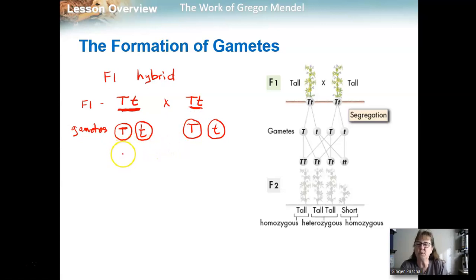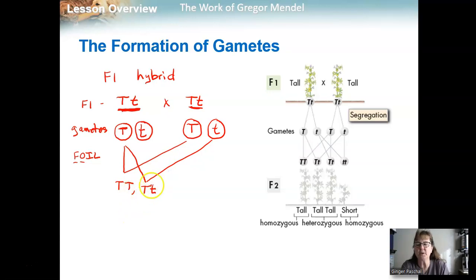Once we have the gametes, we can then combine these gametes with each other. So if we do something called FOIL, this should sound familiar, possibly from math. If we take the first of each gamete and combine them, we would have an offspring that has a genotype of capital T, capital T. If we take the O, which is outer, the outer letter in each case, we would have a capital T, lowercase t.